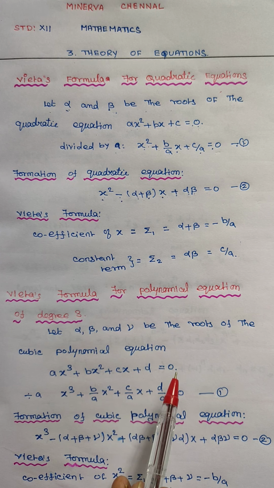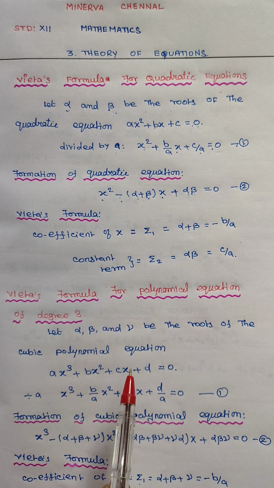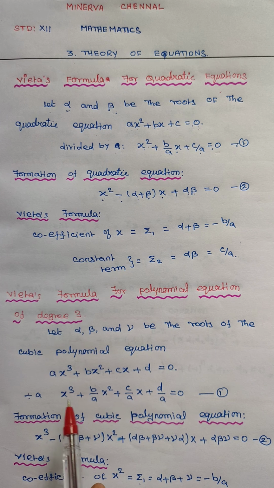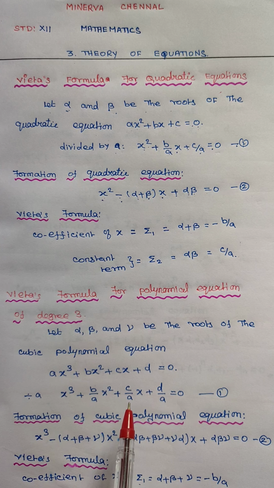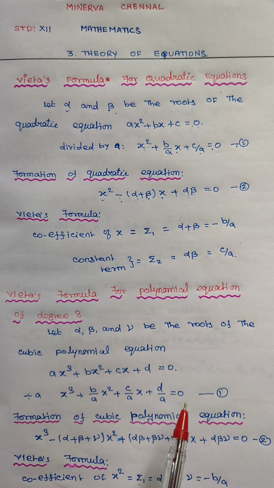This equation is converted into a monic cubic polynomial equation. Divided by a, we get x cube plus b by a into x square plus c by a into x plus d by a equal to 0. This is equation number 1.